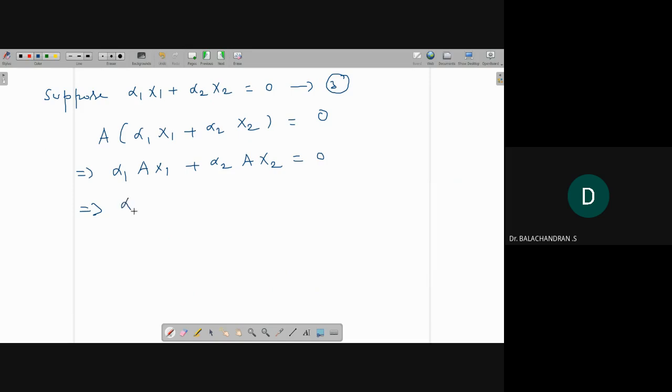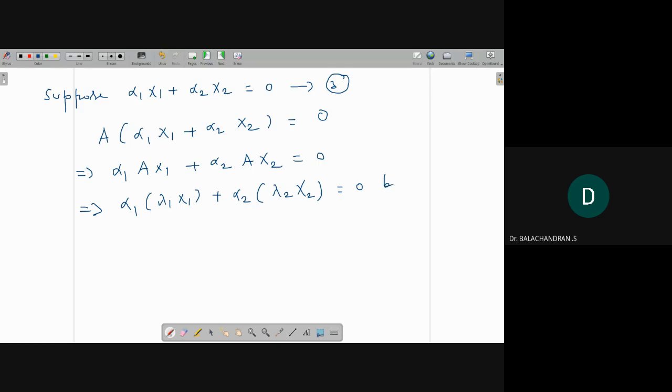So this is alpha 1 into lambda 1 x1 plus alpha 2 into lambda 2 x2 equal to 0.